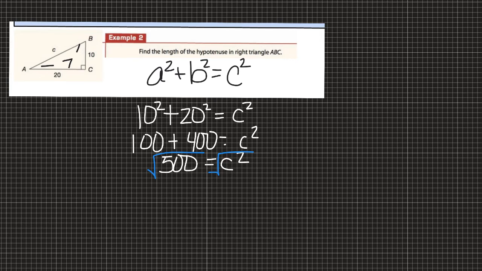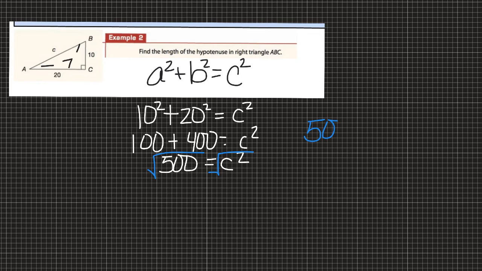You can either simplify this, which is what I want you to do right now, or you could use your calculator, because later on you're going to need to use your calculator, especially in geometry, if you're finding a side length. You can't go into the hardware store and say, I need a piece of rope that's the square root of 500 inches long. He's going to look at you like you're crazy.